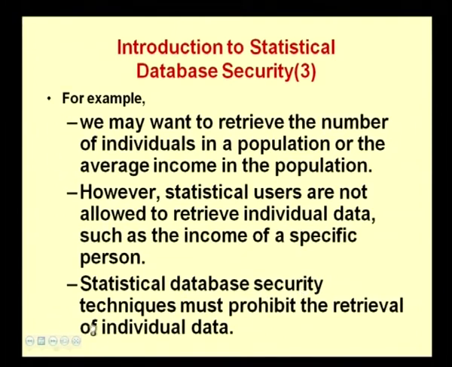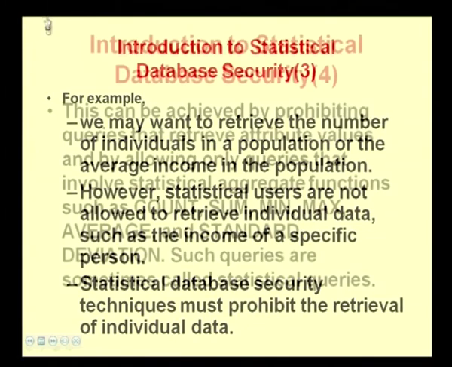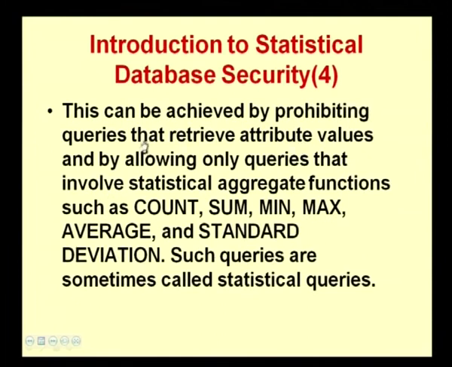So, statistical database security techniques must prohibit the retrieval of individual data. This can be achieved by prohibiting queries that retrieve attribute values and by allowing only queries that involve statistical aggregate functions such as count, sum, mean, max, average, standard deviation and so on. Such queries are called statistical queries.